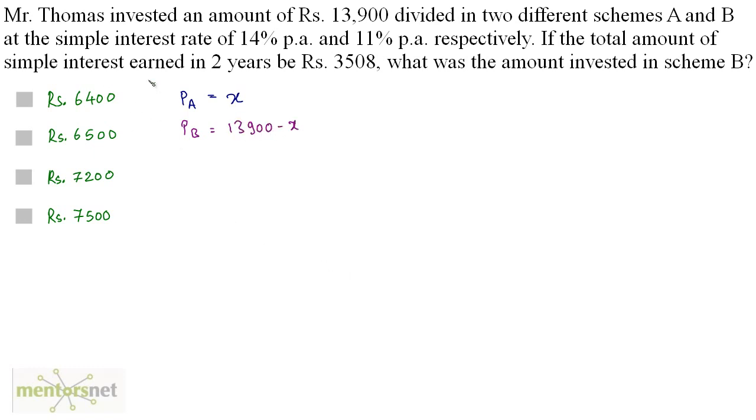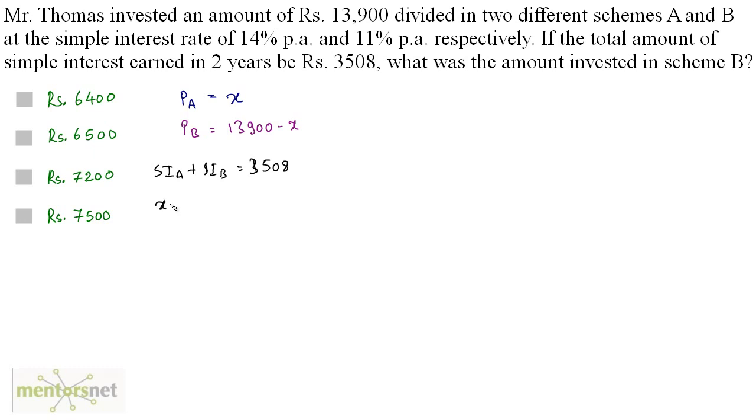Now the money was invested for 2 years and the simple interest got was 3,508 from both of these schemes combined. So I can say that interest from A plus interest from B is equal to 3,508, right? Now simple interest from A will be PNR upon 100.